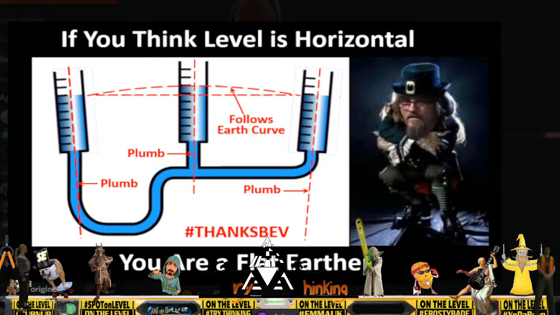Now, Blue Marble is saying that if you think level is horizontal, then you're a flat earther, and they're going to credit me with doing that. How many flat earthers have I made? Even though I'm the guy that says it's definitely not flat and that level is horizontal proves that it's not flat. How could that possibly make flat earthers, Blue? It's really strange.